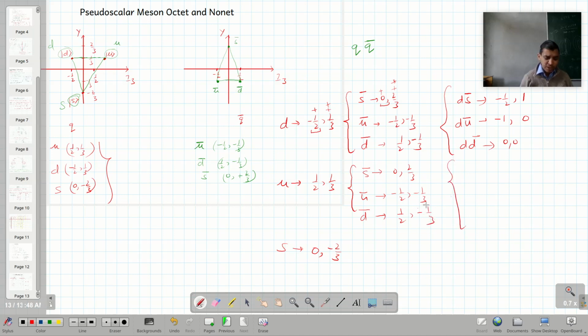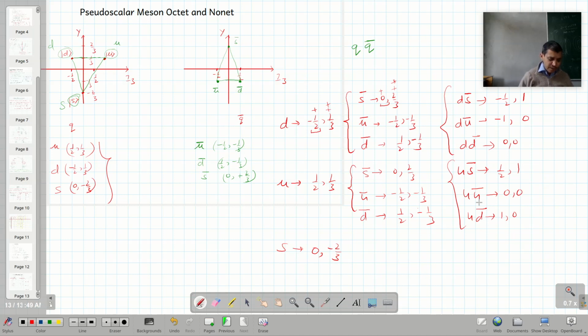Their combinations are us bar, uu bar and ud bar. So us bar is 1 by 2 comma 1, uu bar is 0 comma 0, and ud bar is 1 comma 0. That's what we are getting here.